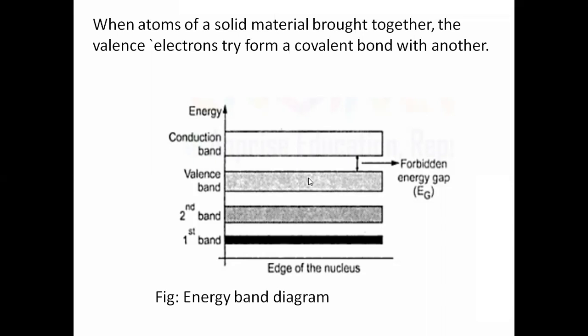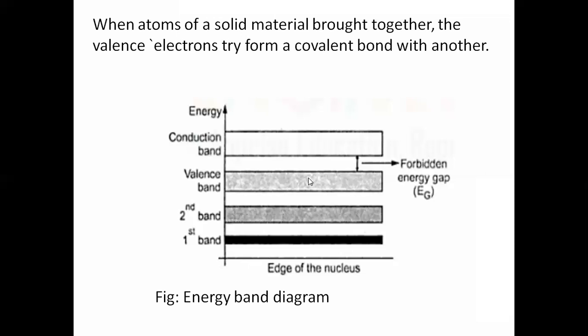The outermost orbit is considered the valence orbit, and the energy level of the electrons present in it is represented as the valence band. Above the valence band we have another one, the conduction band, and between the conduction band and valence band we have a forbidden energy gap.